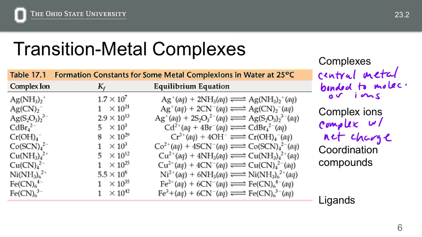Coordination compounds then are similar to complexes, but we're going to use a different term here as well. So again, these have a central metal. But instead of being bonded to a molecular ion, necessarily, we're going to say it has ligands.